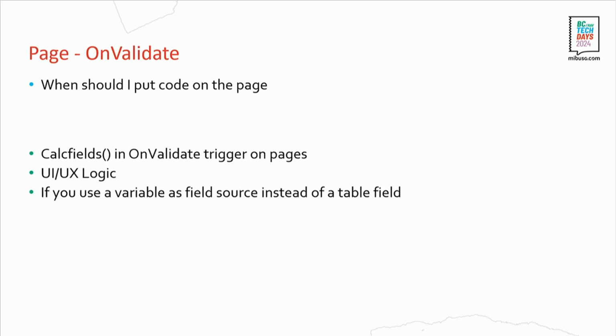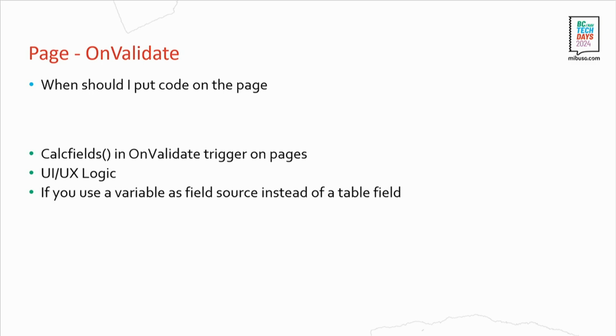Now, I think we have enough time to cover those edge topics, the additional topics, and the pages actually also have an on-validate trigger. And the question is, if I write my own extension, when should I put code on the page validation trigger as opposed to the record? One good example was, if you do calc fields, you could do calc fields in the on-validation trigger if a flow field depends on that field.